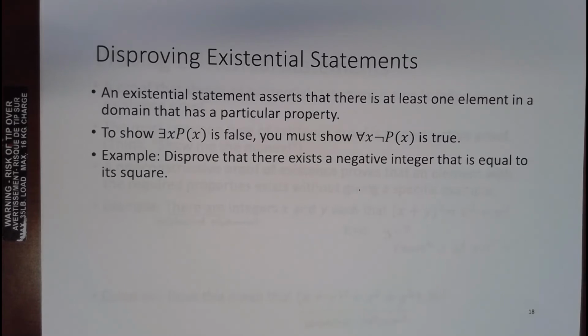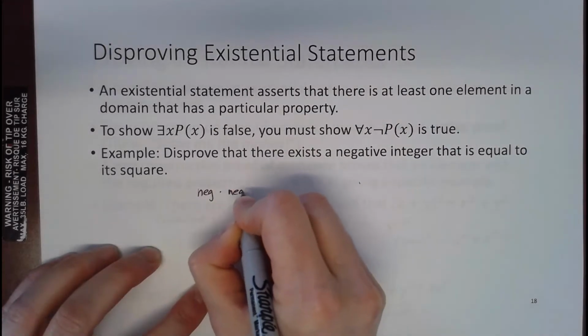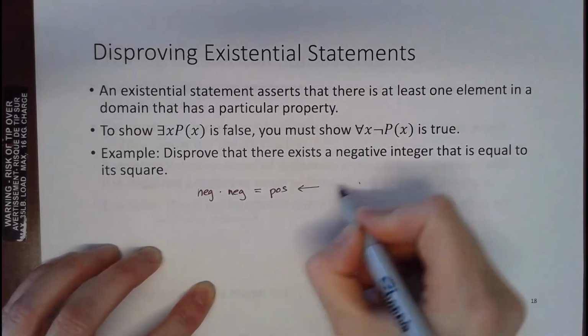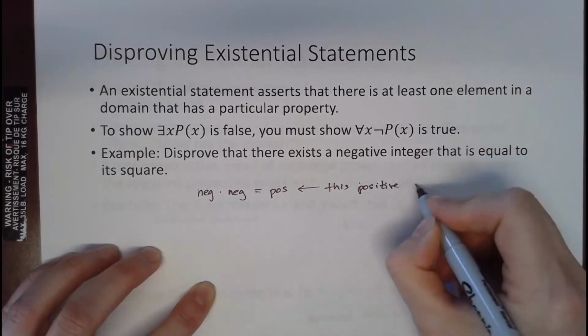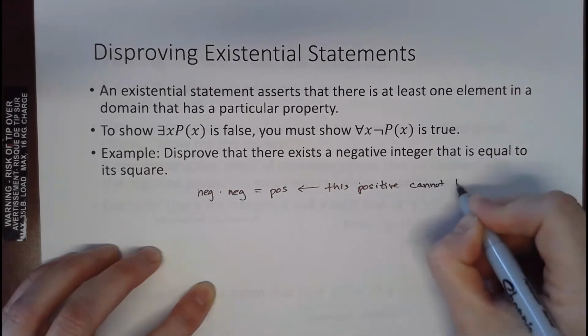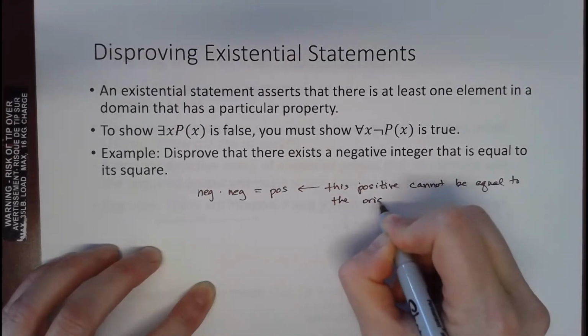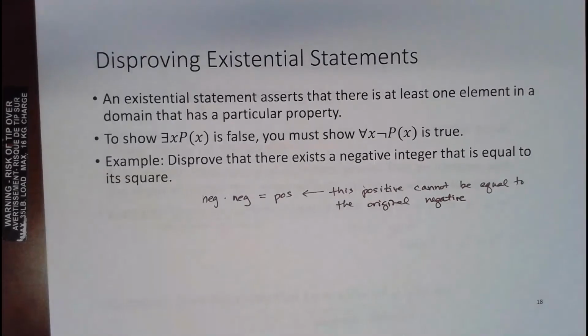If I have a negative integer, a negative integer times a negative integer equals a positive. This positive cannot be equal to the original negative. That's a very intuitive, non-rigorous proof, but you'd have to make a general argument.